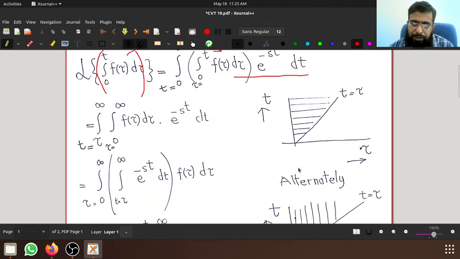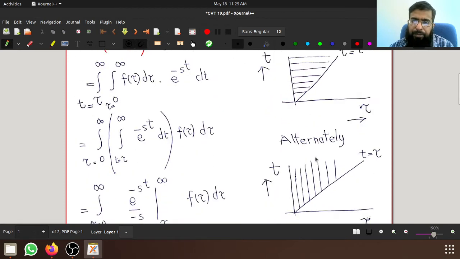There is yet another way of describing this area, and that is with the help of vertical lines instead of horizontal lines.